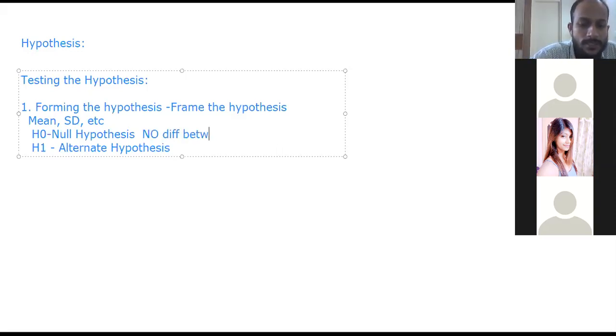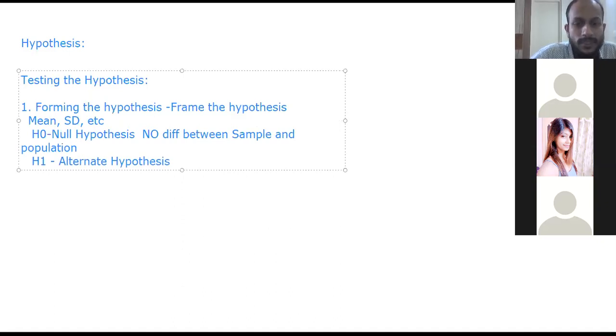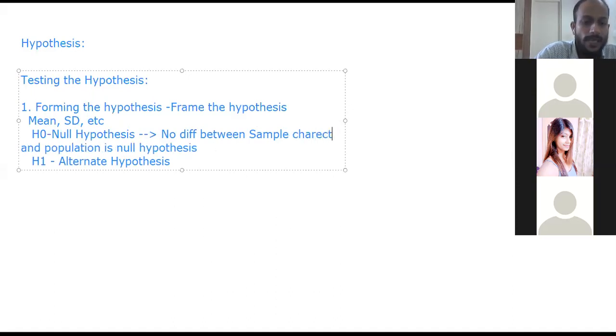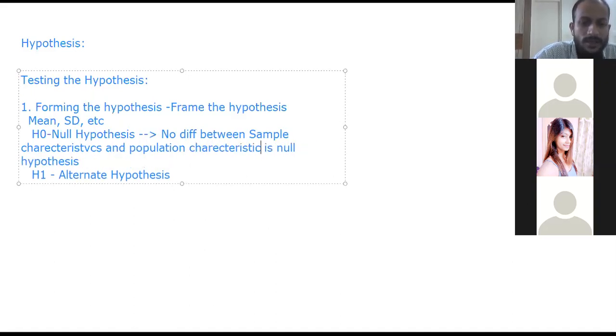No difference between sample and population is the null hypothesis. Null hypothesis indicates that there is no difference between sample characteristics and population characteristics.